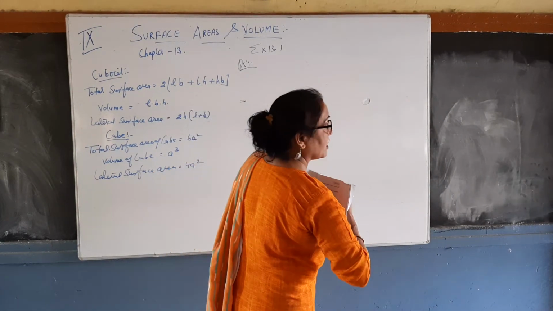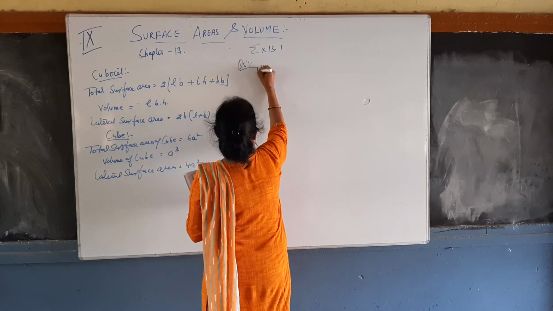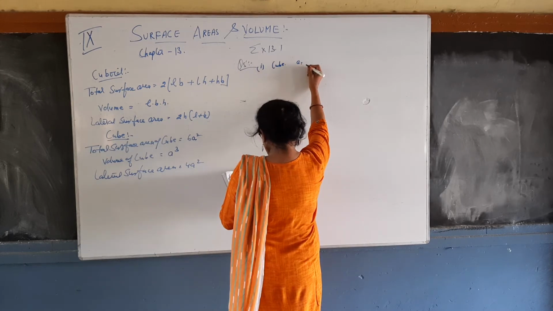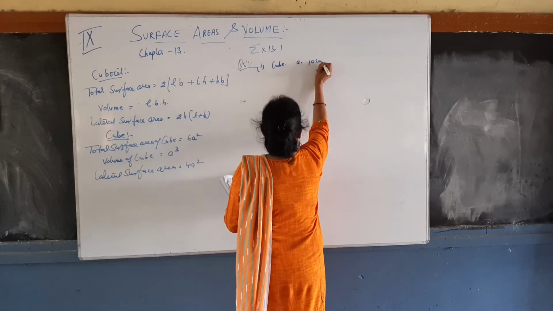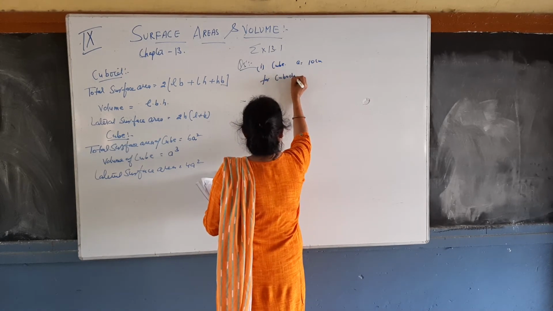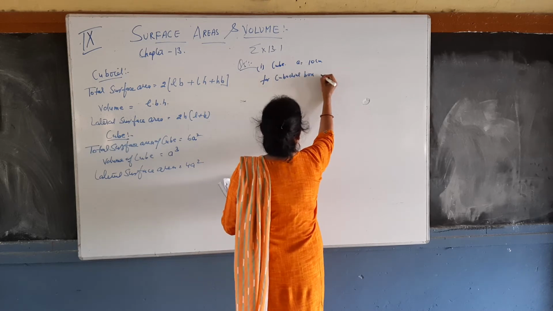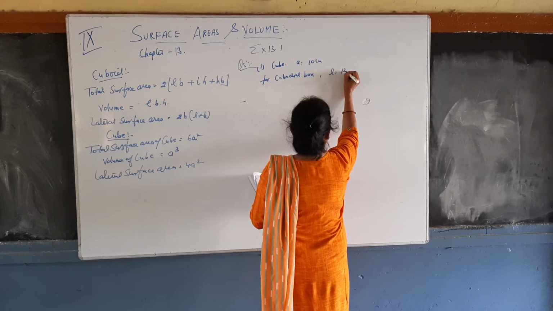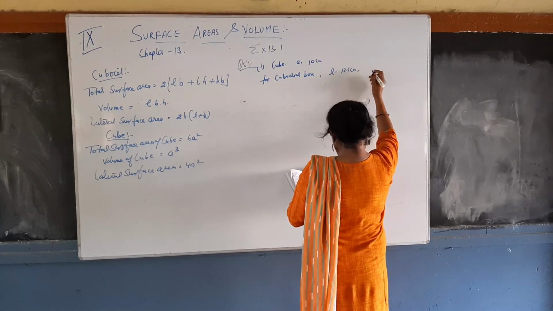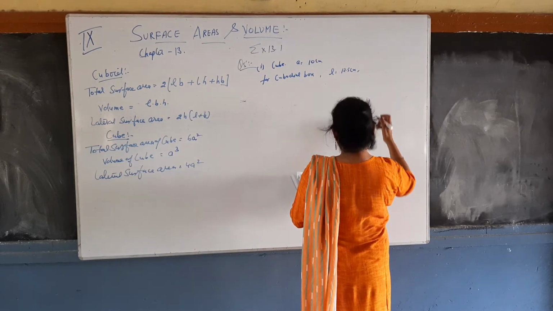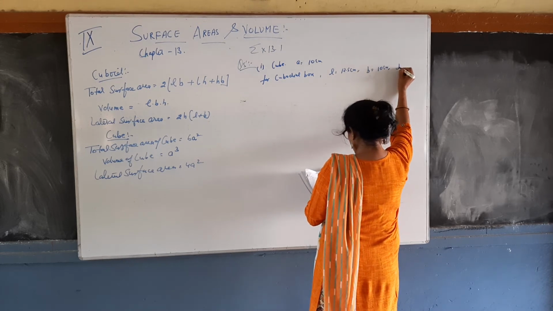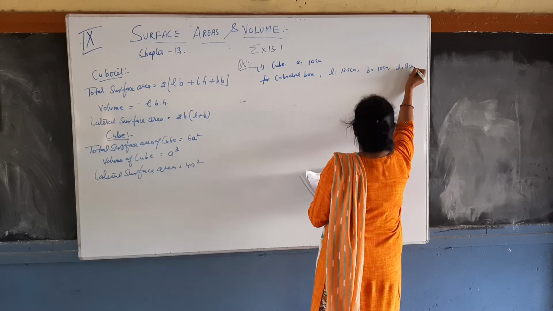So first is the cubical box. A is given 10 centimeters. For the cuboid, L is given 12.5 centimeters, width B is given 10 centimeters and height is given 8 centimeters.